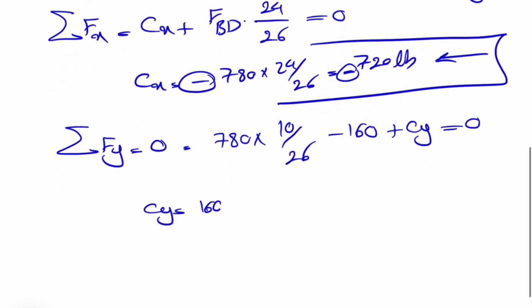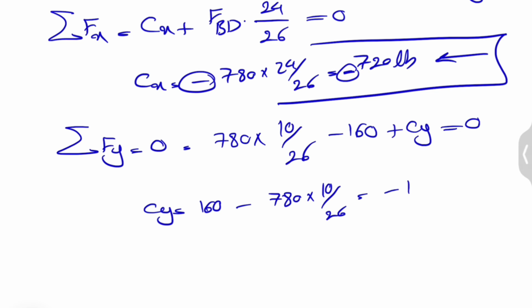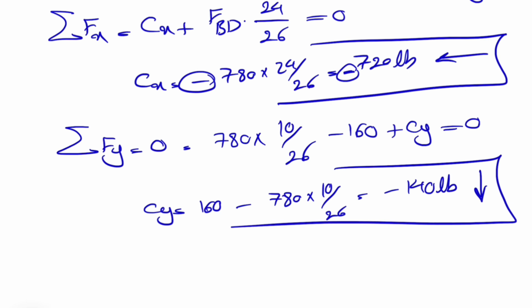So Cy would be 160 minus 780 times 10 divided by 26. So 160 minus 7,800 divided by 26 is going to be minus 140 pounds. And again, one negative sign shows that the direction was actually downward and our assumption was not correct. So that's the final answer for this question.